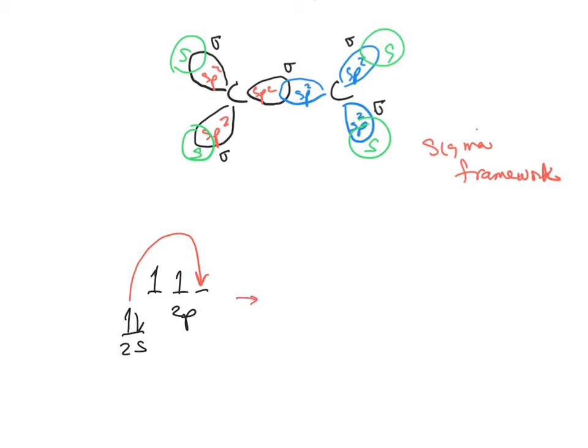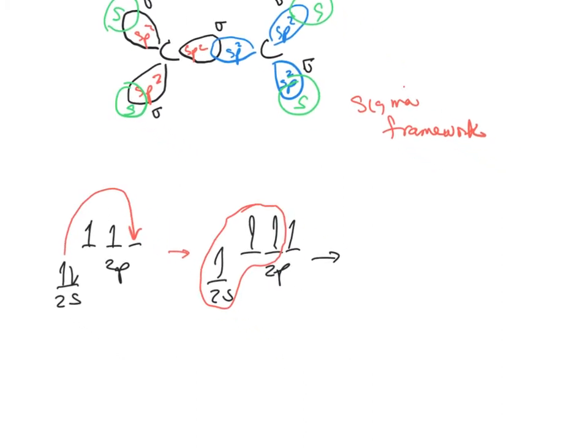Okay, first thing you want to do is promote one of the electrons out of the 2s. 1, 2, 3, 4. Then you're going to make 3 sp2 hybrids from an s and 2 p's. So the next step is 1, 2, 3 sp2 hybrids.